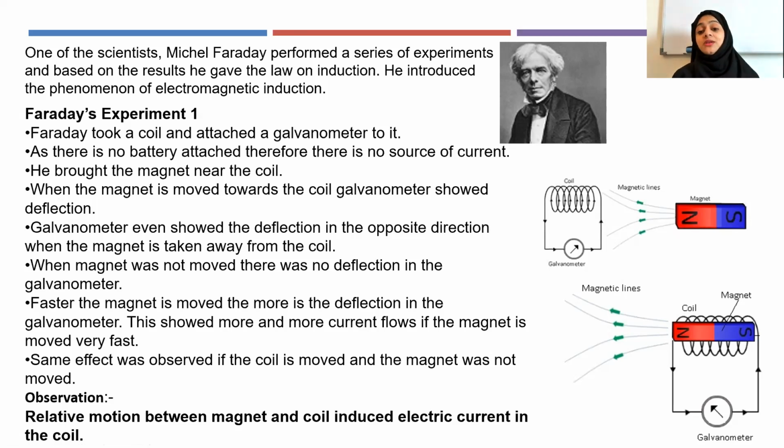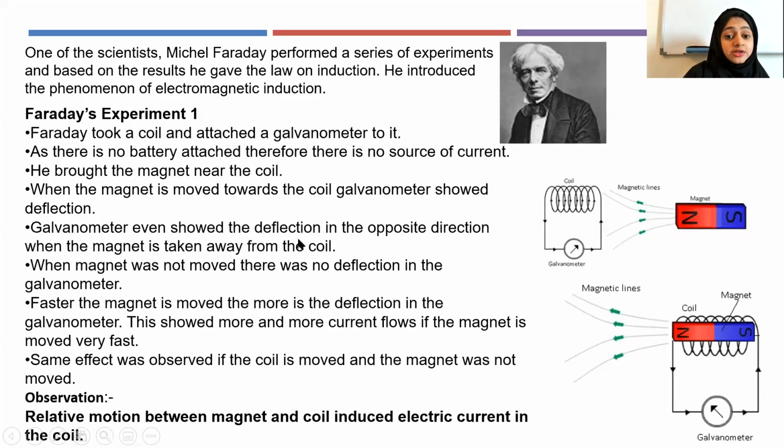Or now we will call it current is induced in the coil of wire. That is why the galvanometer showed deflection. So just by moving a bar magnet into the coil, the current is induced inside the coil. That was shown by the deflection of the galvanometer.